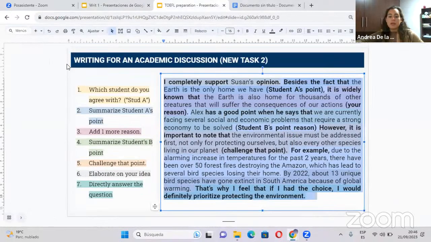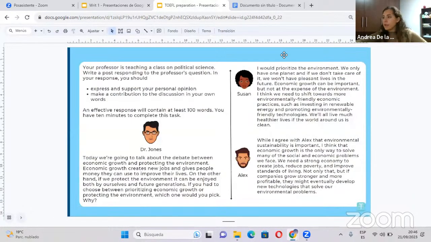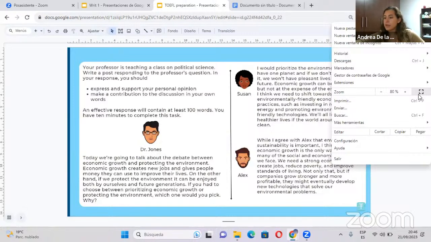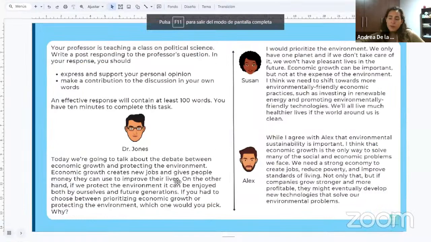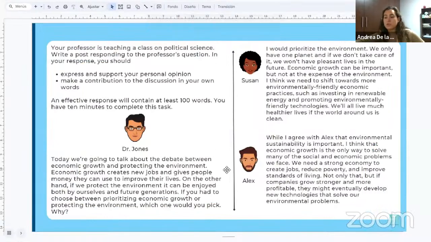Guys, I also wanted to say, in case there are some cases in which they don't really have options in the question. So maybe they don't say, would you prioritize the environment or economic growth? You have options, right? You can choose A or B. But there are some questions in which they would say, if you were a policymaker, what issue would you prioritize?